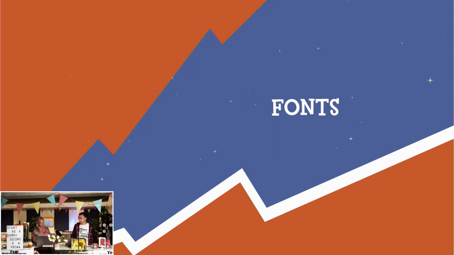A little about fonts. Because we talked about a logo, and the logo consists of an image and a word mark, and the word mark, of course, is made with a certain kind of font. And we have very famous logos that are made completely out of only a font, like Coca-Cola.